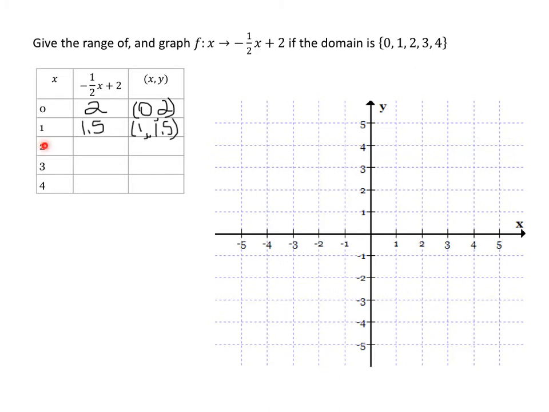Continuing, 2, so negative 1/2 times 2, that's negative 1, plus 2 is a positive 1. So my coordinate, 2, 1. If I put in 3, negative 1/2 times 3, that's negative 3/2 or negative 1.5. Negative 1.5 plus 2 is 0.5.